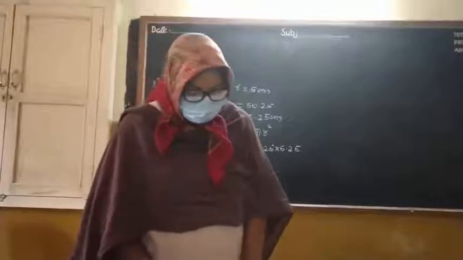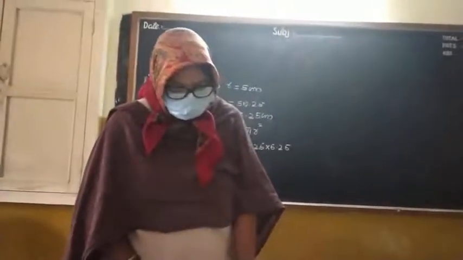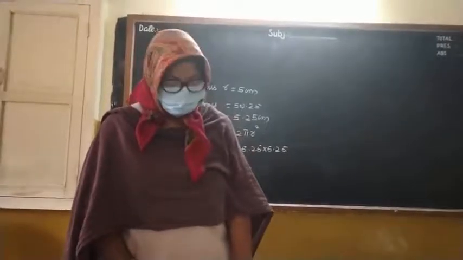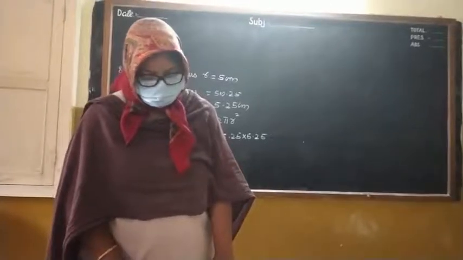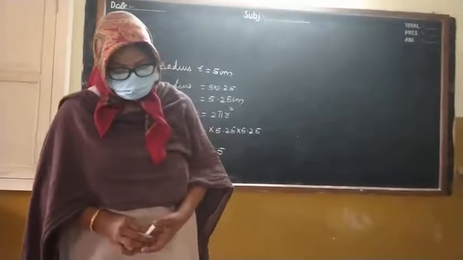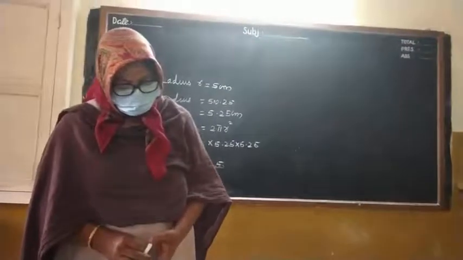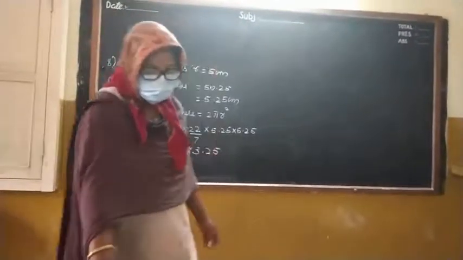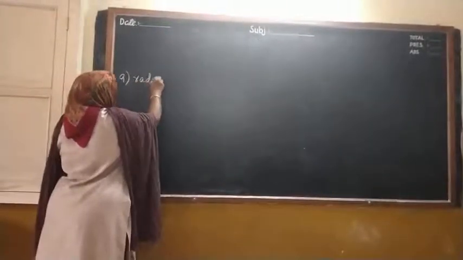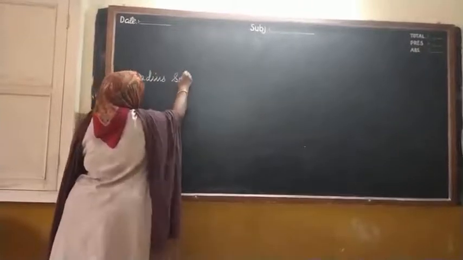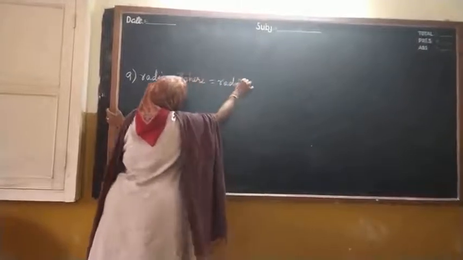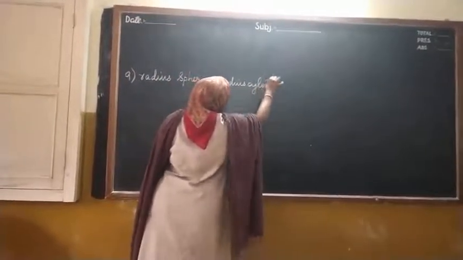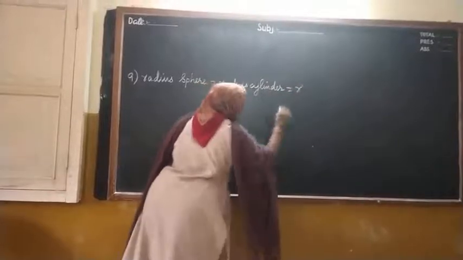A right circular cylinder just encloses a sphere of radius r. Find the surface area of the sphere, then the curved surface area of the cylinder, then the ratio of the areas obtained in 1 and 2. So first, radius of the sphere is equal to radius of the cylinder, so both of them are equal to r.